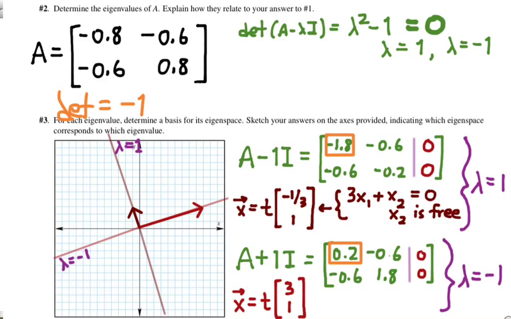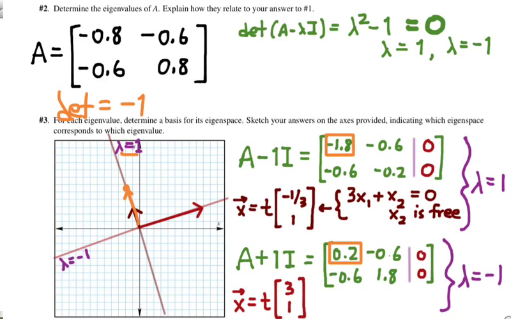This matrix, negative 0.8, negative 0.6, negative 0.6, 0.8, how does it act on the xy plane, given this information? So first of all, what is happening to vectors along the lambda equals 1 eigenspace?